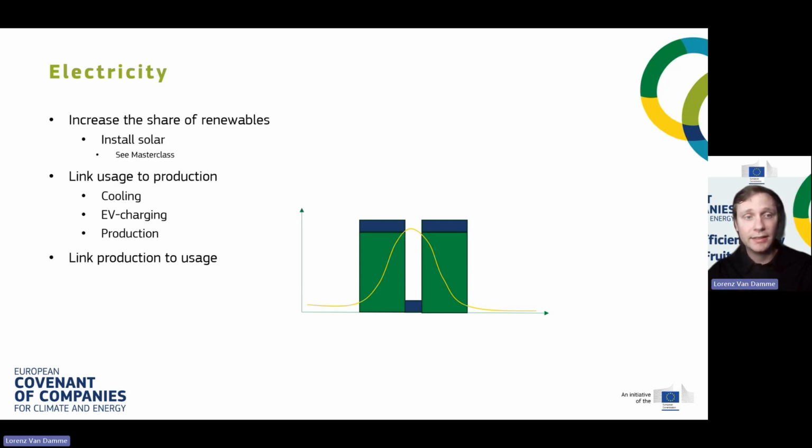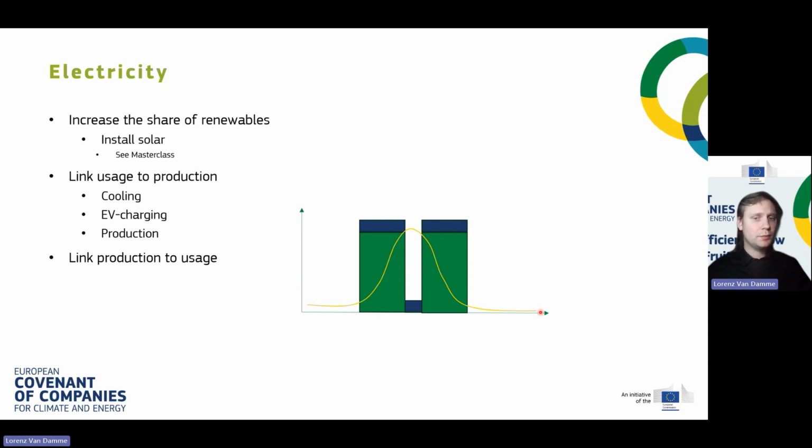Second part is linking the usage to the production. We have an example to the right here where you can see that we have a profile in yellow of our production. So we have no production at night, and then during the day it will peak and then go down again by nightfall.